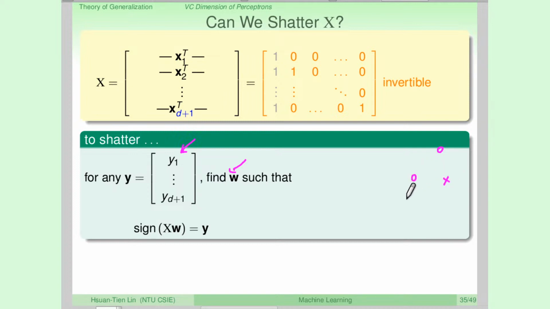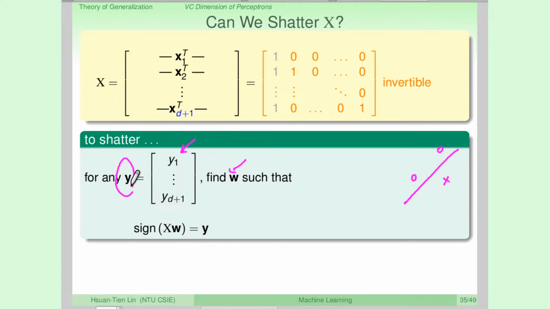You say, yes, I can find a perceptron like this, and this is the particular W. So if I can provide you with any dichotomy, represented by a vector y, and you tell me the corresponding W that implements or achieves this dichotomy, then we can do shattering.